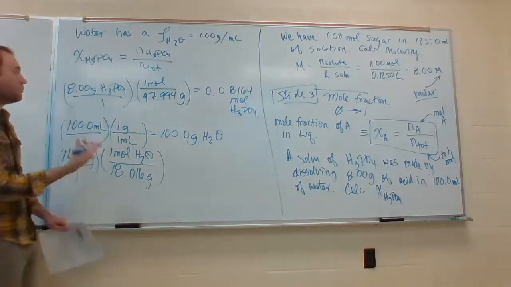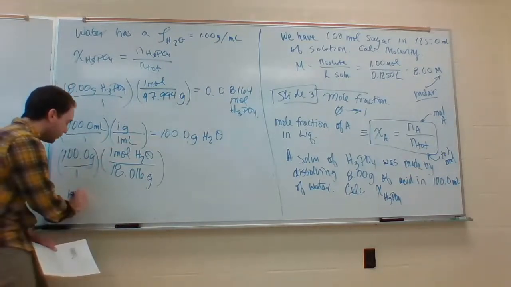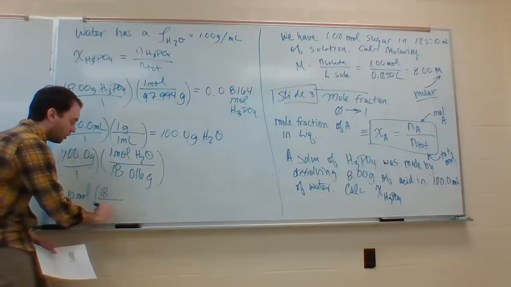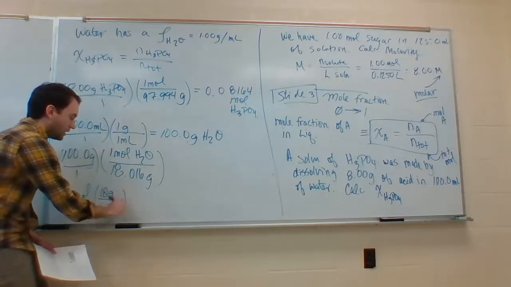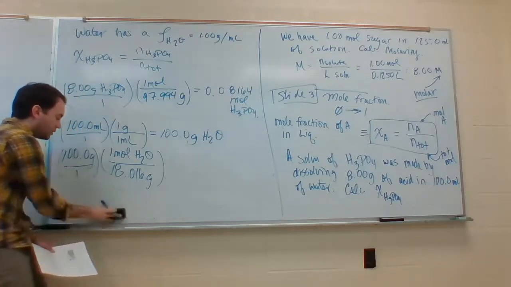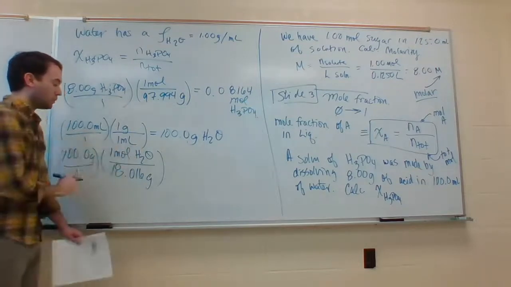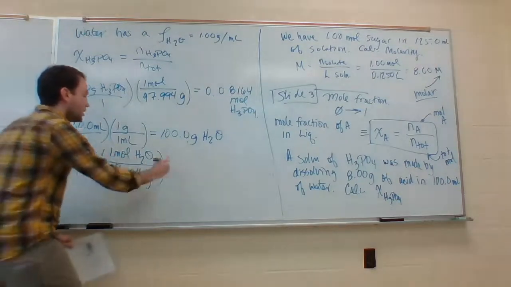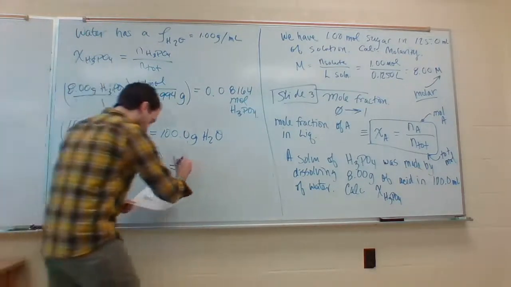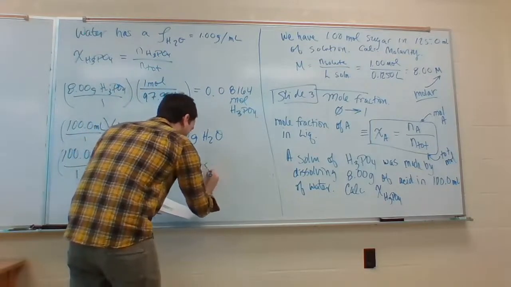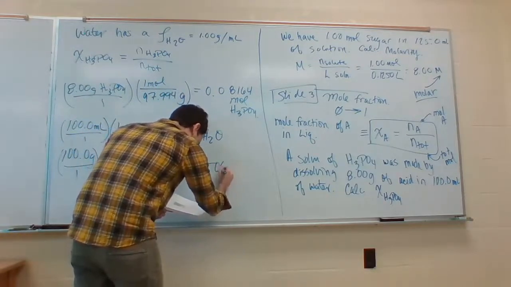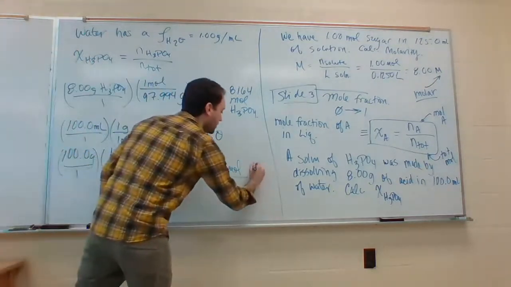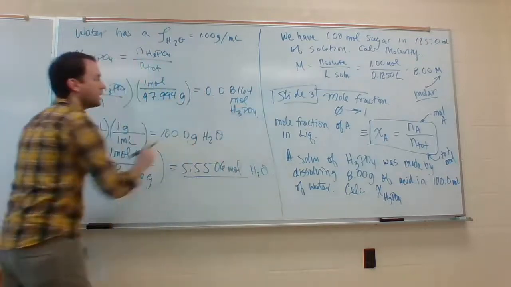If we were going from moles to grams, say 10 moles, we'd put the 1 mole on the bottom and the 18 grams on top. But we're converting grams into moles, so the grams go on the bottom. That is equal to 5.5506 moles.